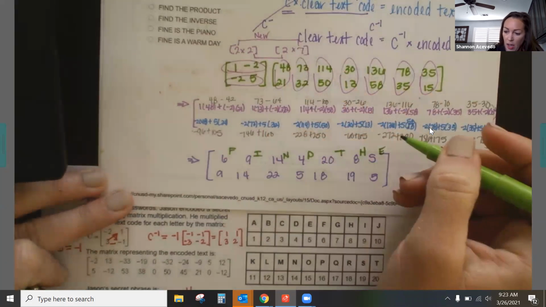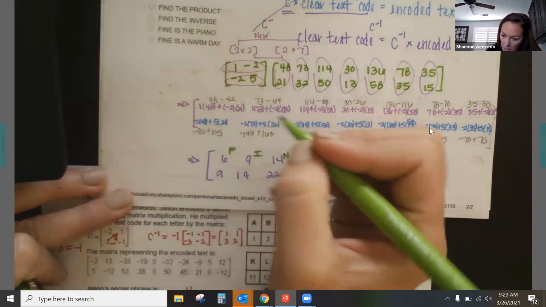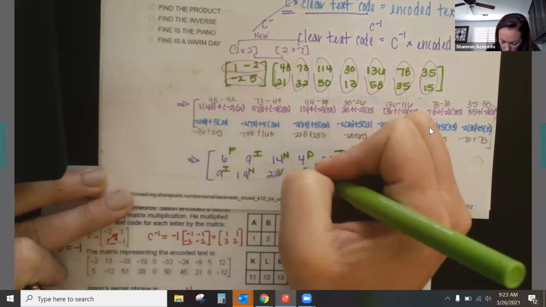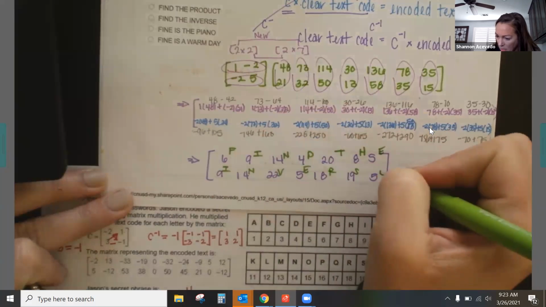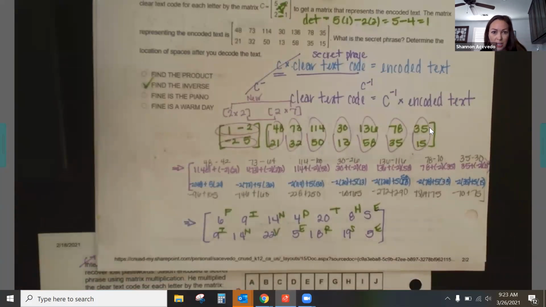So find the, and it says I, N, V, E, R, S, E. Find the inverse. And maybe some of you could have guessed that since we're working with inverses.